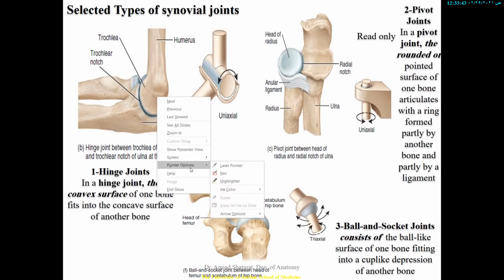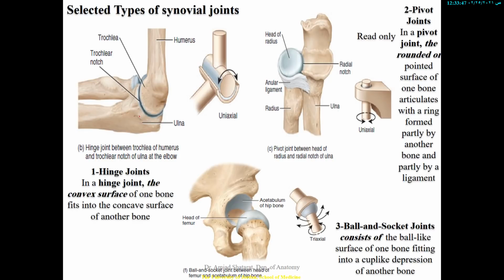The elbow joint does not perform rotation. So when we perform screw driving, opening the water tap, closing the water tap, putting on the car's engine, all these movements are a combination of supination and pronation.